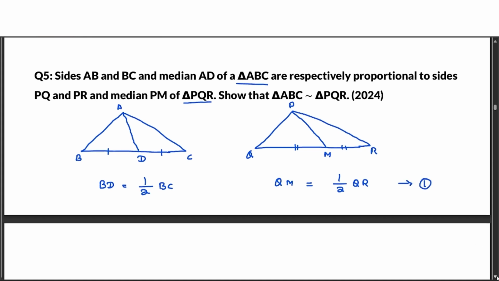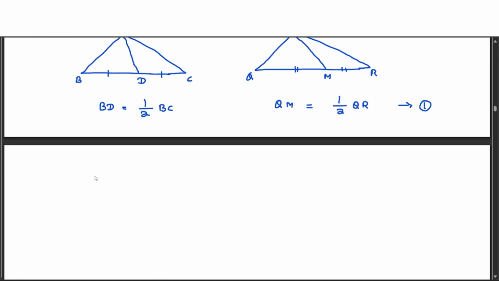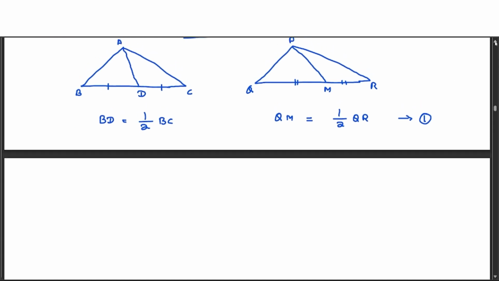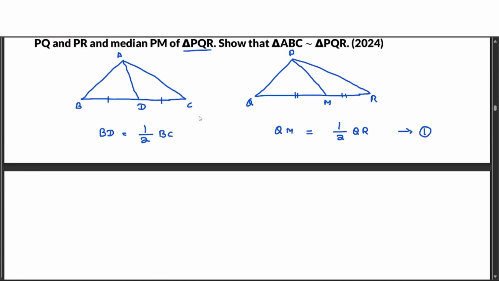Okay, now coming to the next part of this question. It is saying their corresponding sides are in the same ratio. So we can say here AB over PQ is equal to BC over QR and is equal to AC over PR, and their medians are also in that ratio, so AD over PM.